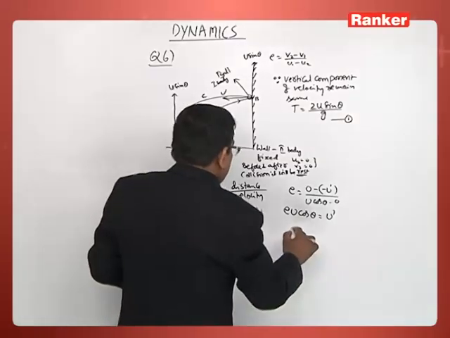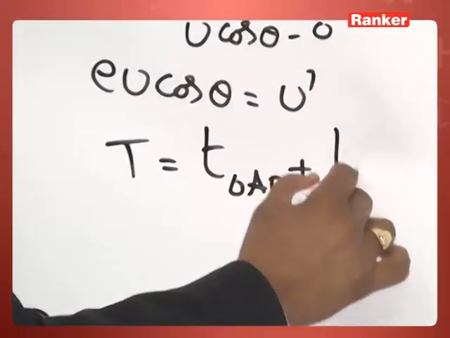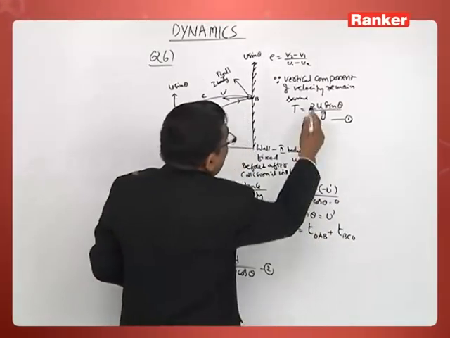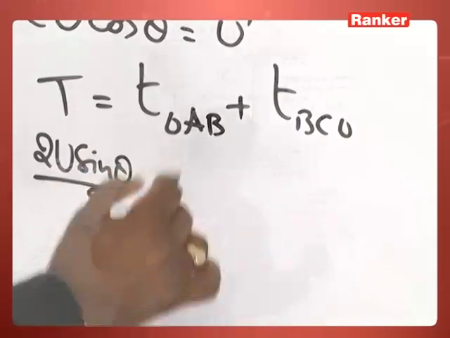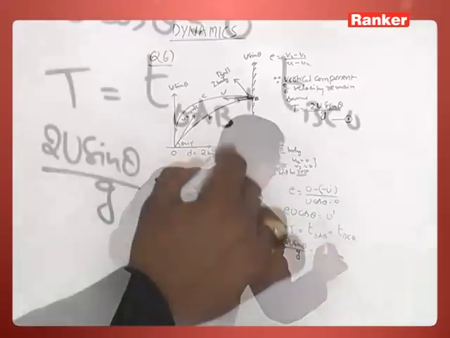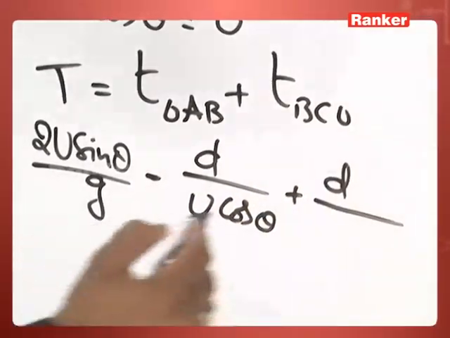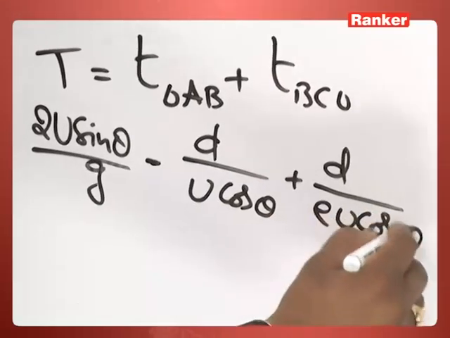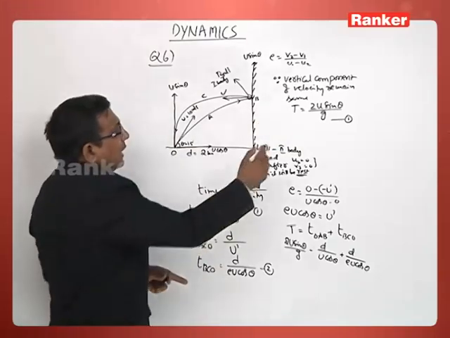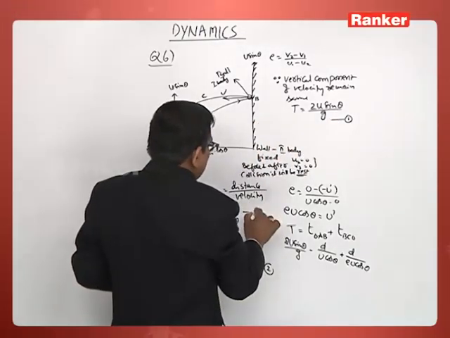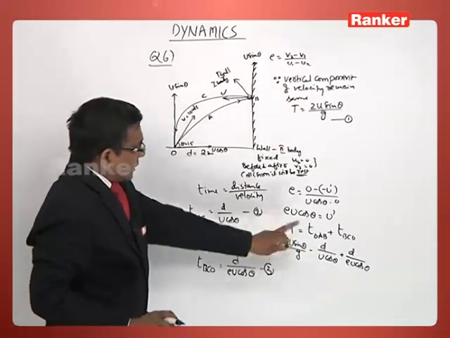So you got T_OAB and T_BCO. What is the total time taken? Let us take T = T_OAB + T_BCO. And we got total time as 2u sin theta by g, which is equal to T_OAB, d by u cos theta, plus T_BCO, d by e u cos theta. Because time of flight remains the same, from the time of flight equation, which we call equation 3, from 1 to 3 you can write T is equal to this.